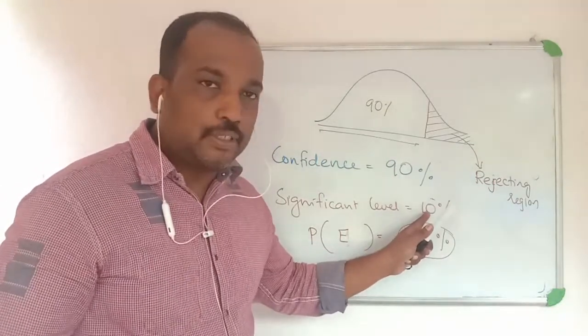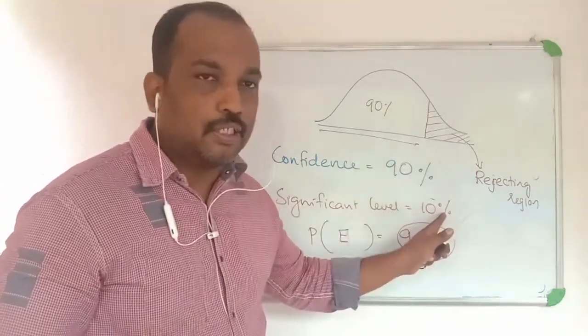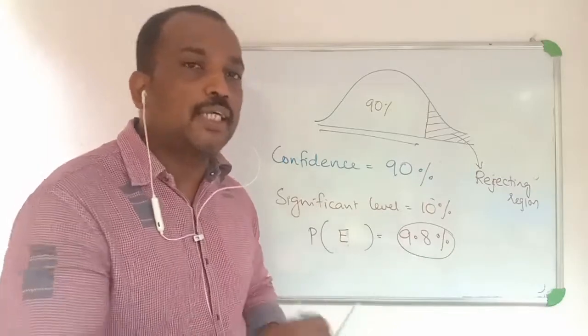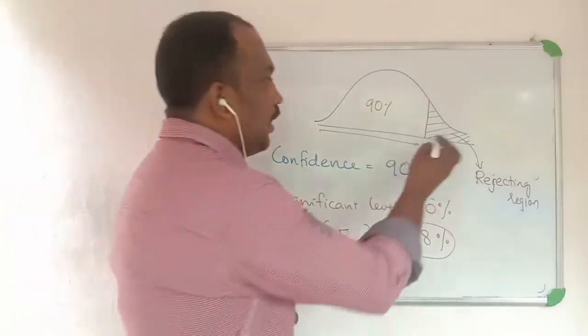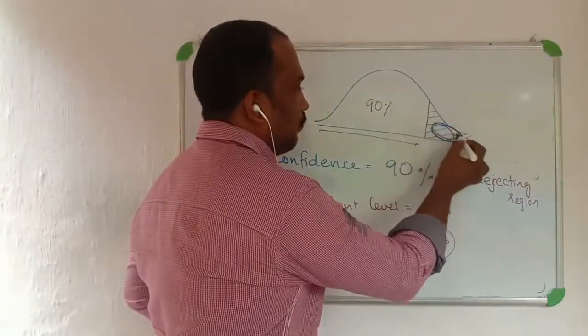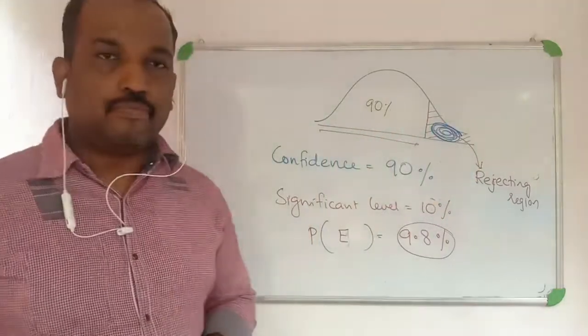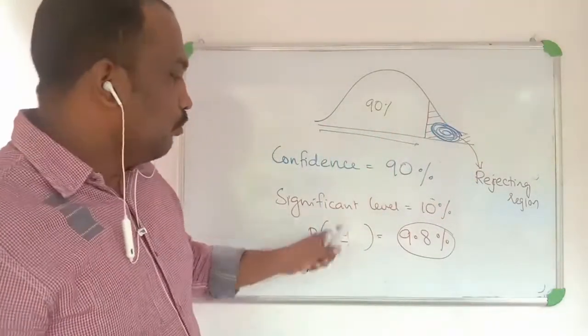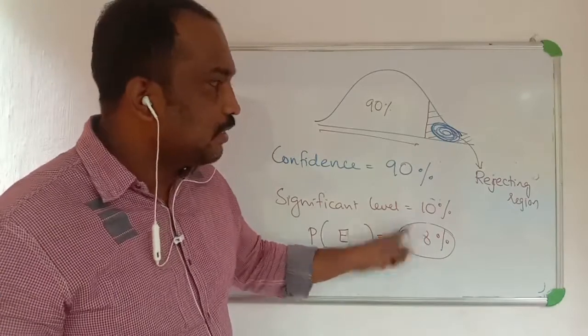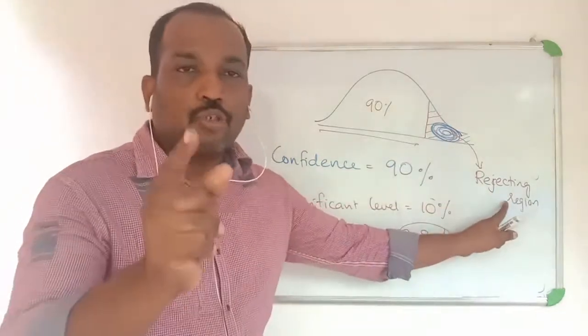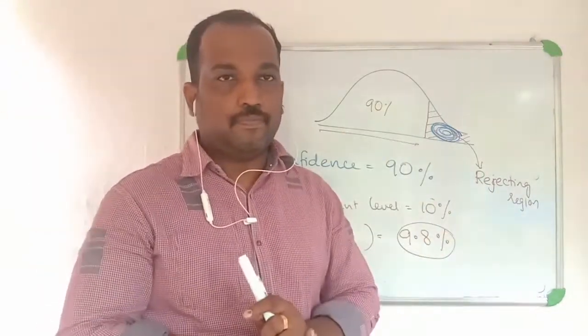The significant level is 10%, that means the rejection region is 10%, and your answer is smaller than that. So your probability of that event is in the rejecting region, and we have to reject the claim.